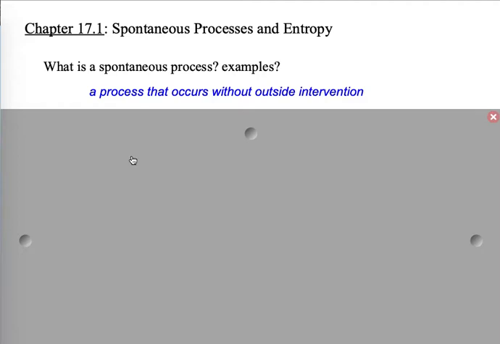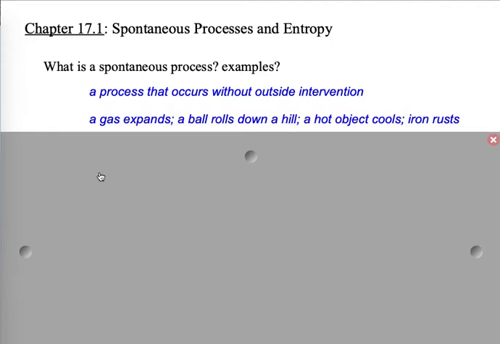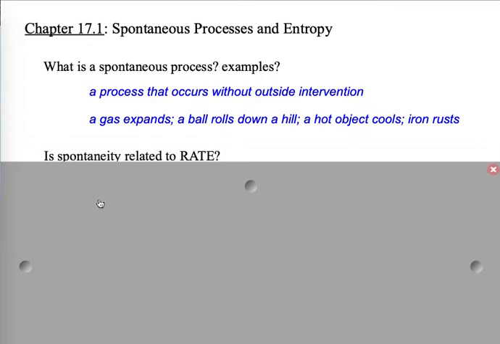A general rule is that all processes spontaneously proceed from a state of higher energy to a lower energy. So for example, a gas spontaneously expands into a vacuum. A ball rolls down a hill when you release it. A hot object placed in an environment of lower temperature cools down. Iron, in the presence of oxygen, rusts. These are all spontaneous processes.